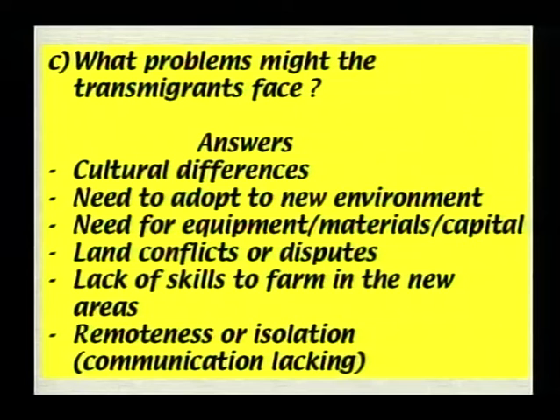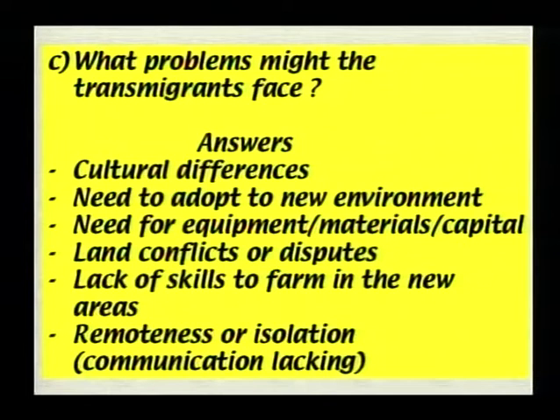There could be land disputes and land conflicts because we are looking at new groups of people moving into areas where people are already settled. So there may be disputes and conflicts over land. Also, the lack of skills to farm in the new areas. We also discussed the fact that sometimes the transmigrants may feel that they are isolated from their families and from where they originated as a result of the isolation and remoteness of the areas they have been sent to.